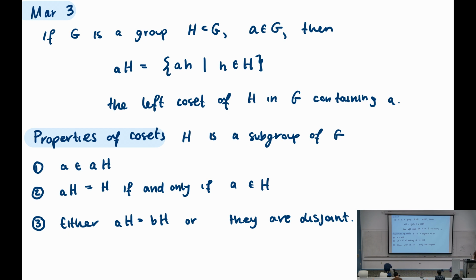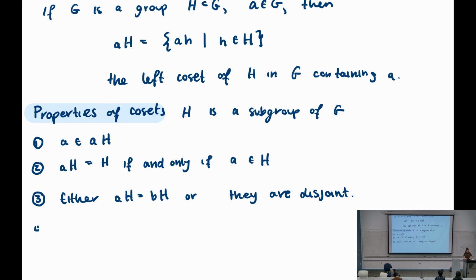And the last one says that the number of elements contained in AH is equal to the number of elements in BH for all A, B in G.